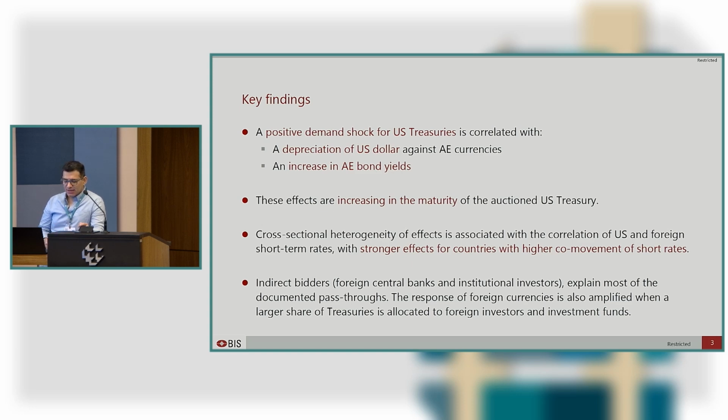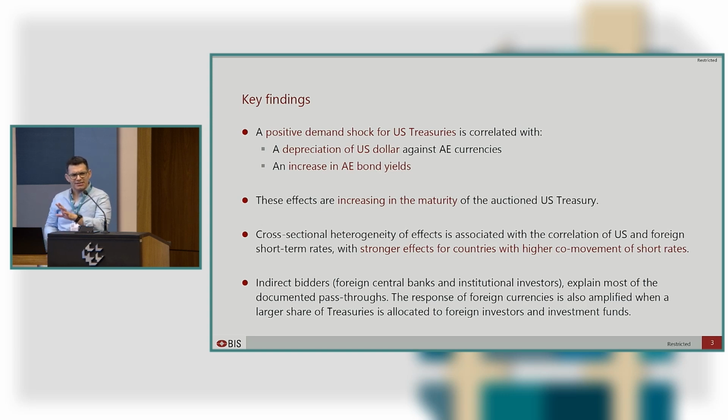And interestingly, in the results when breaking down by investor type, indirect bidders, that are, as I understood from the paper, mainly composed of foreign central banks and institutional investors, explain most of the documented pass-through. The response of foreign currencies is also amplified when a larger share of treasuries is allocated in the auction to foreign investors and investment funds.